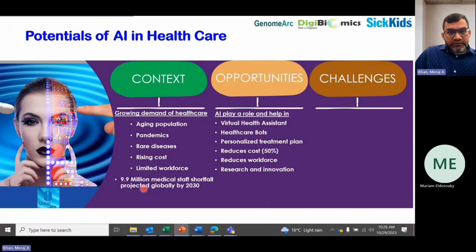So there's a huge opportunity, and we can leverage AI and data analytics for giving virtual assistance and personalized treatment. We can also leverage the potential of AI in screening and early detection, so that we do not have pandemics or outbreaks. If we can screen early and control it, definitely this will reduce the cost.